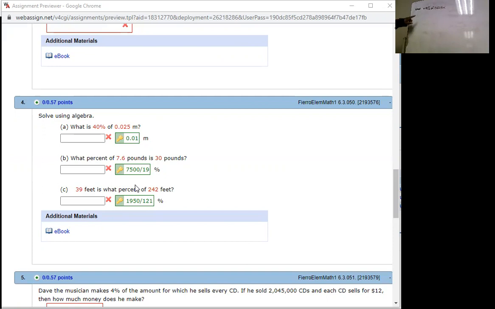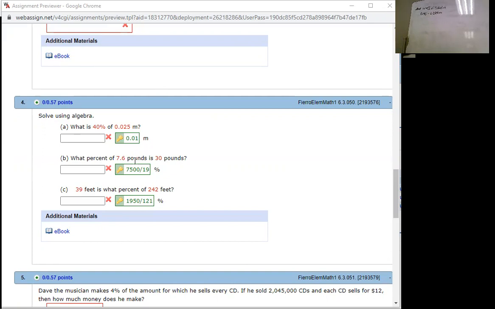All right, in this case here, that 40%, if I write that as a decimal, that would be 0.40. And the word of means you have to multiply. And then 0.25 M.